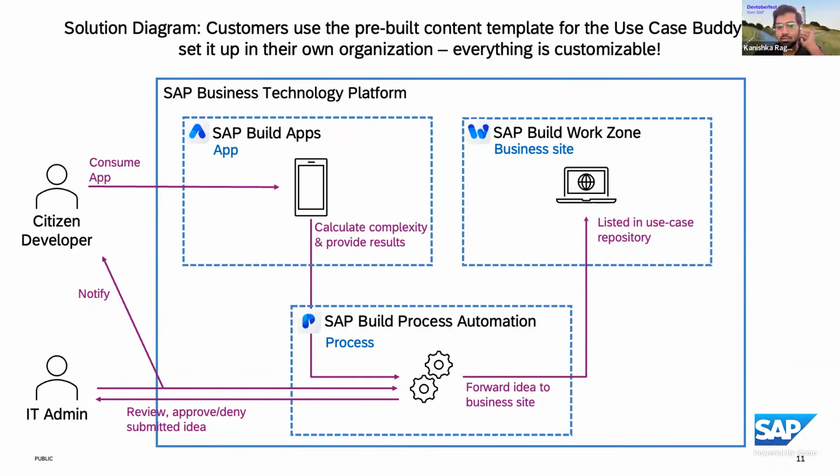And along with entering their use case ideas, they will also answer a few very basic questions, which will help us calculate the complexity of their use case, which will give a better understanding for the IT administrators or governance experts to quickly go through their use case and give a review or decide how they can collaborate to make this use case into a real solution.